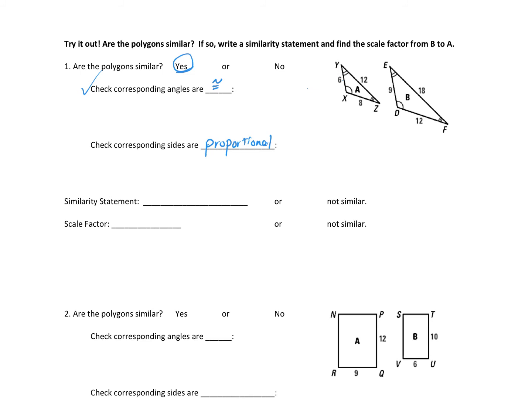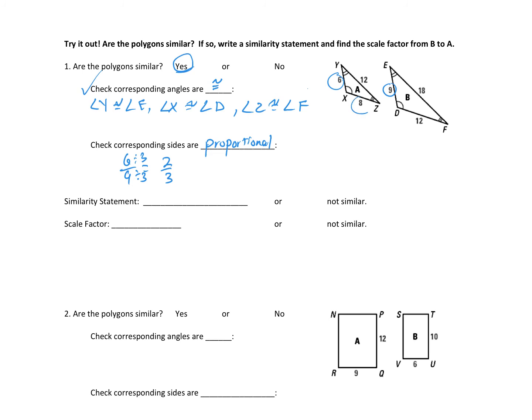I know that angle Y must equal angle E in this case. Angle X is congruent to angle D, and angle Z is congruent to angle F. Let's check the proportionality. So let's do 6 over 9. This reduces, divide by 3, this gives me 2/3.